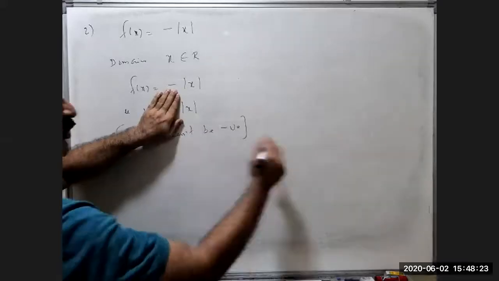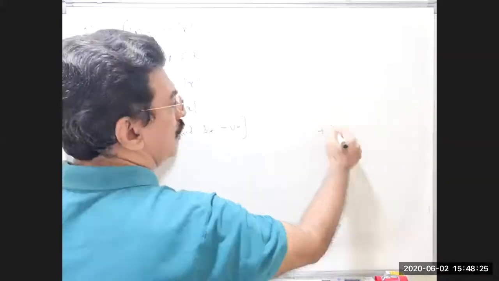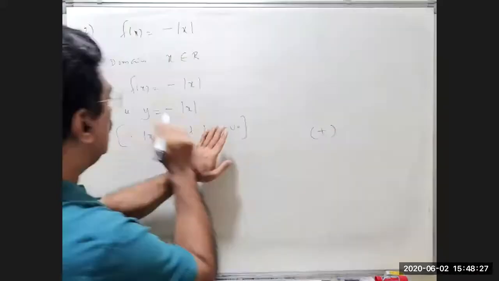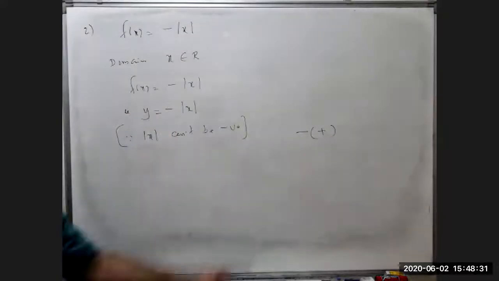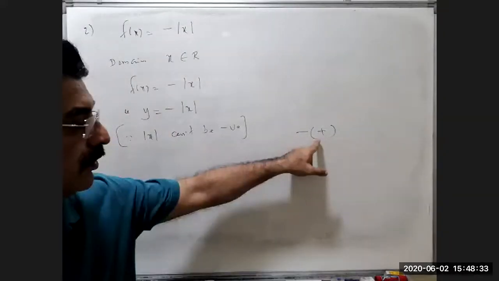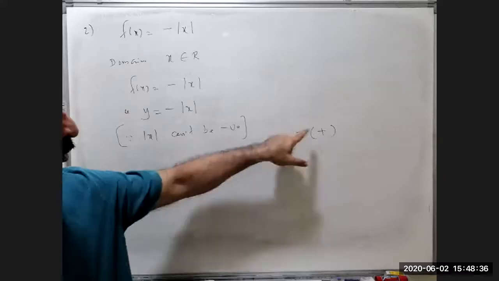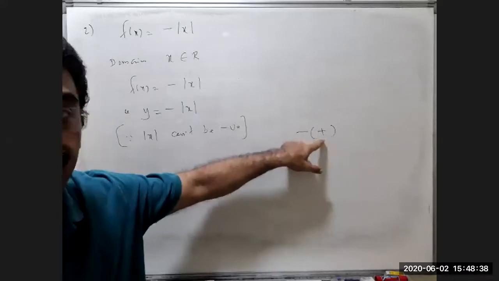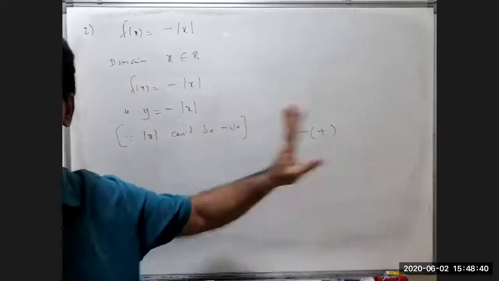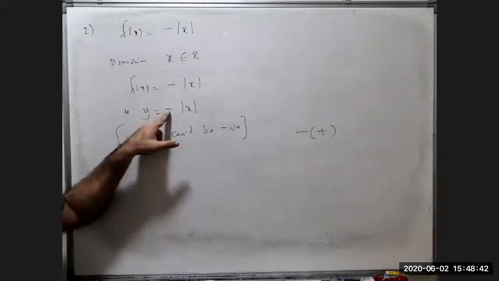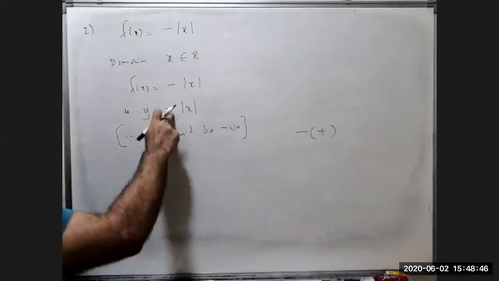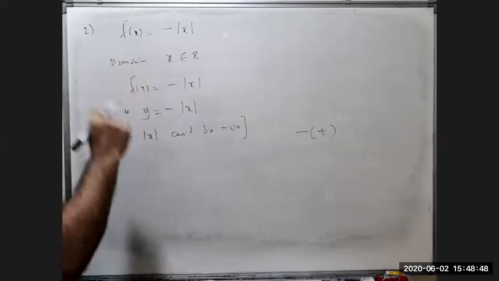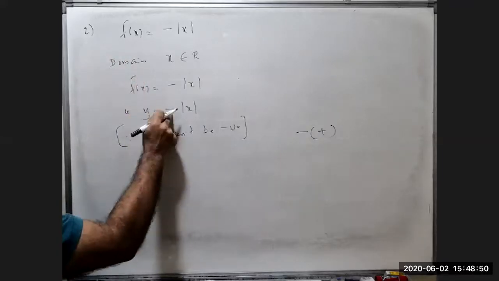If modulus of x is positive, and we take the negative sign out of it, that remains negative only, since minus of a positive number is always negative. So y is equal to minus modulus x.